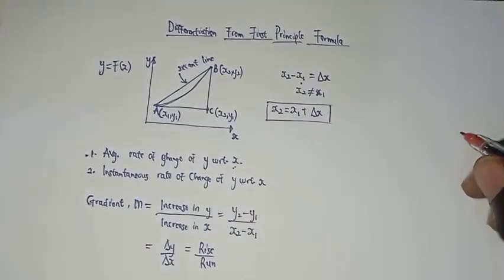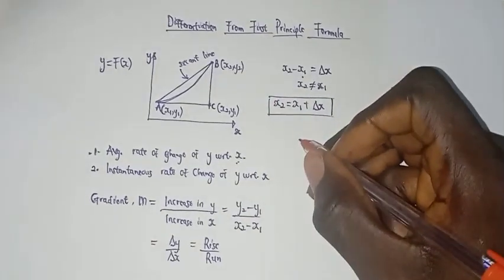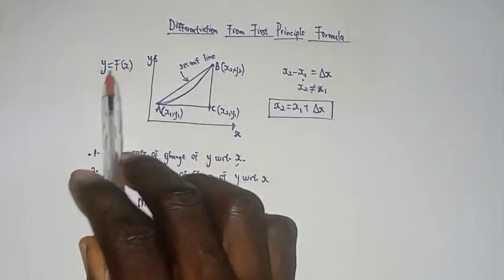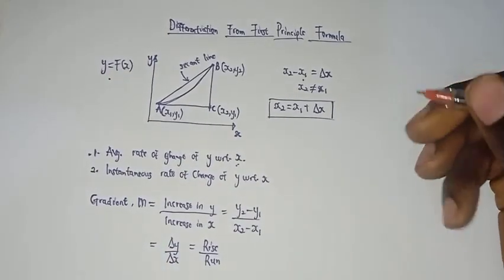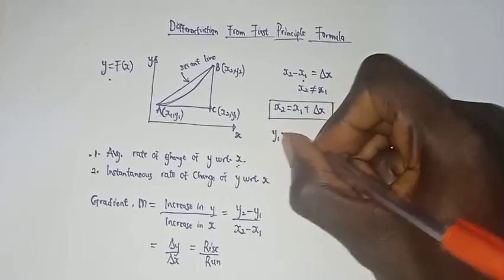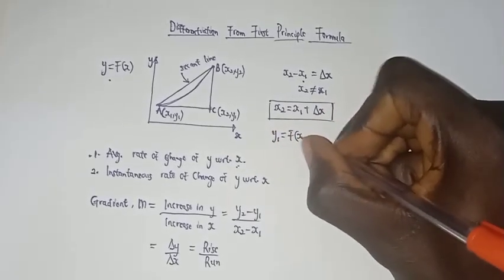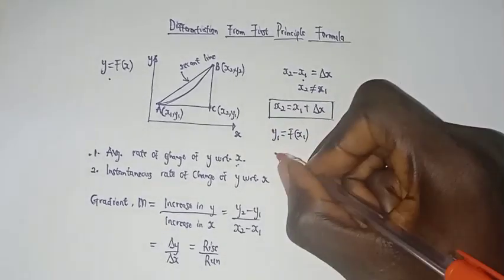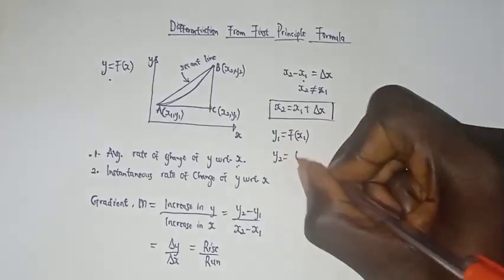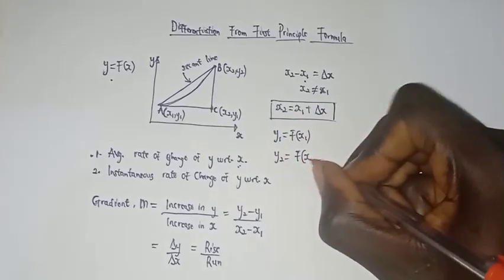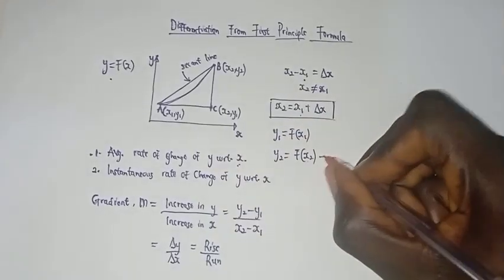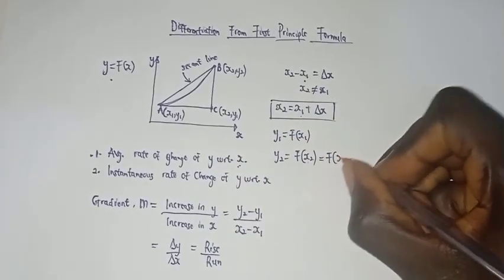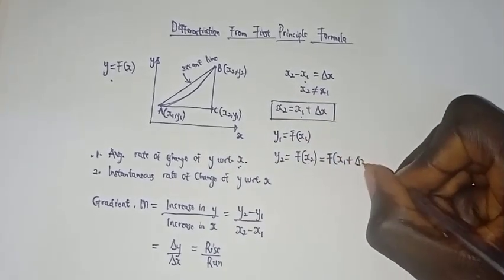So now let's write our initial equation in terms of x1 and x2. We have y1 equal to f of x1, and y2 equal to f of x2. But x2 is equal to x1 plus delta x, so we can write f of x1 plus delta x.